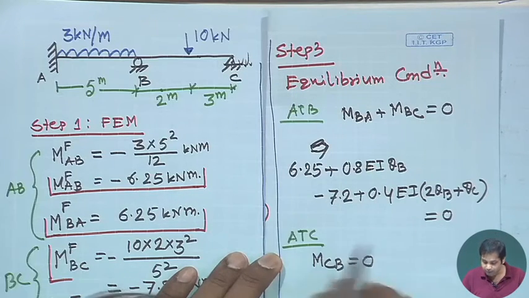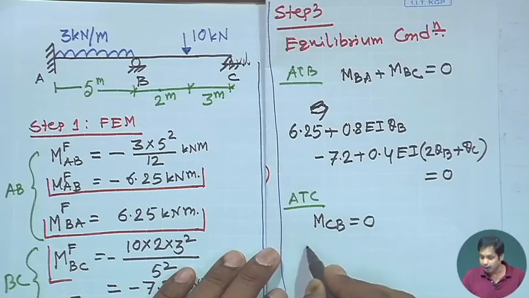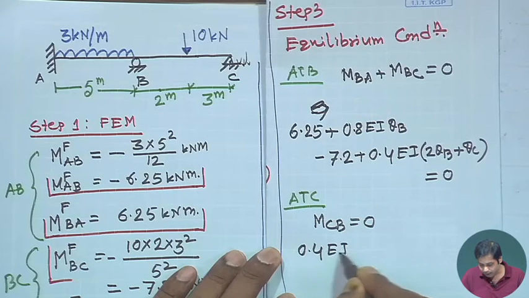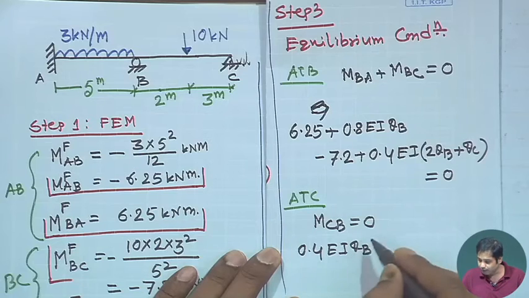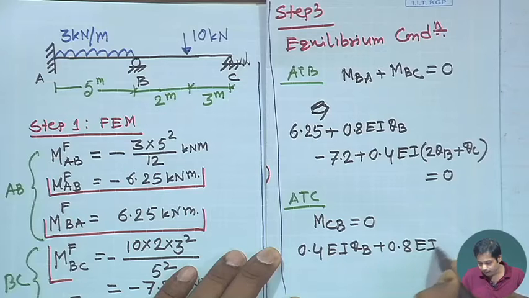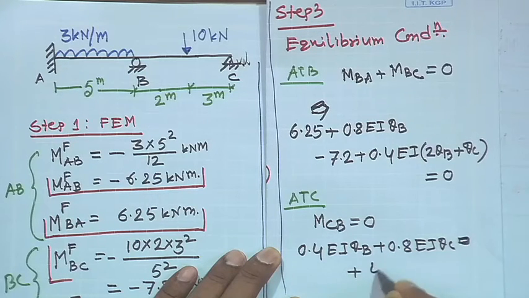We have the expression for MCB, and if we substitute it here, it becomes 0.4EI theta B plus 0.8EI theta C plus 4.8 is equal to 0.